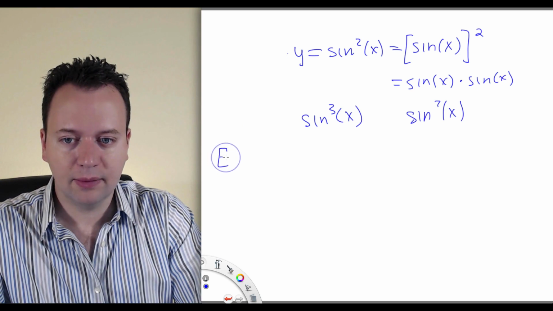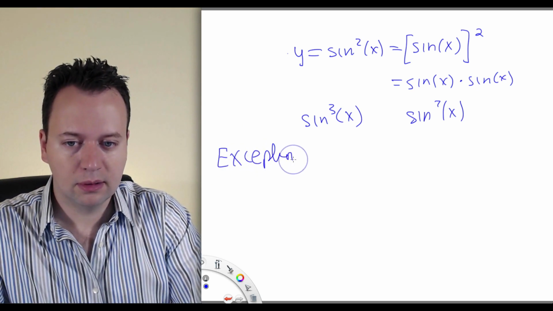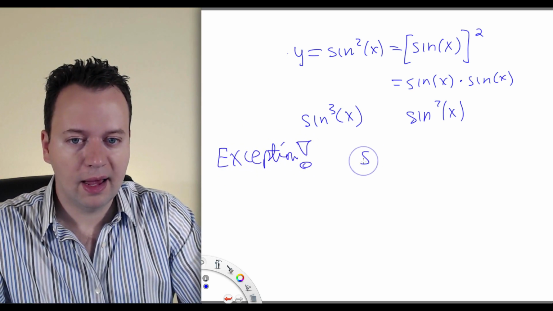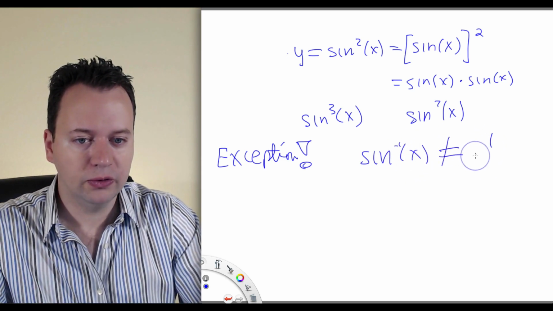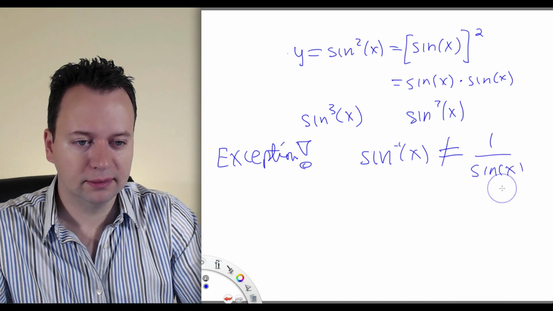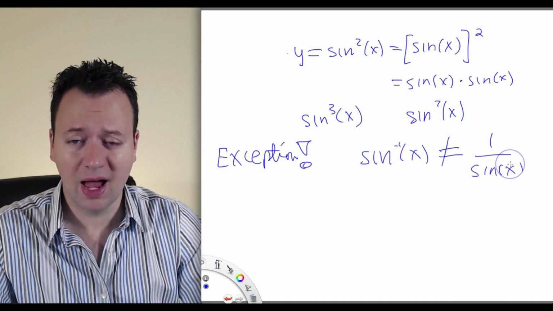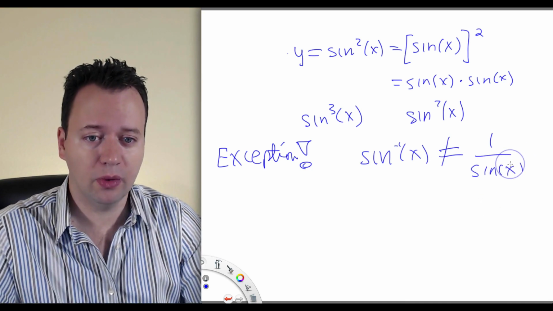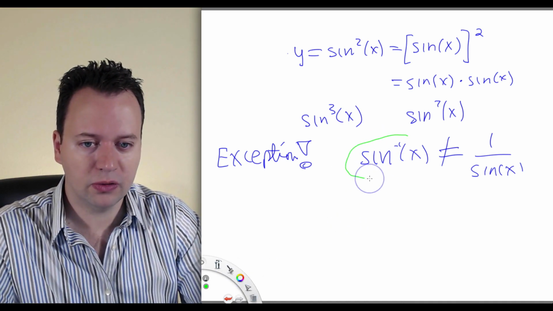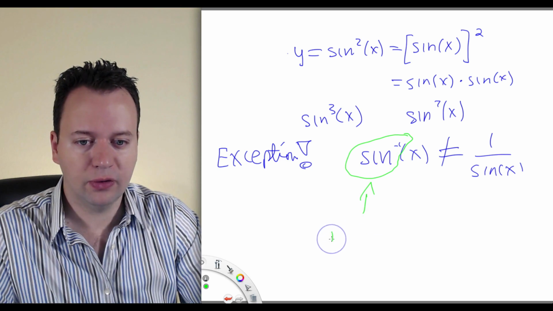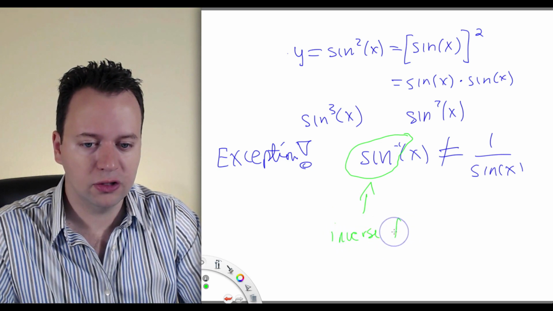There is one exception, and that is sine inverse of x. This is not equal to 1 divided by sine of x. In other words, it's not equal to sine of x raised to the -1 power. For this special case, this refers to the inverse function.